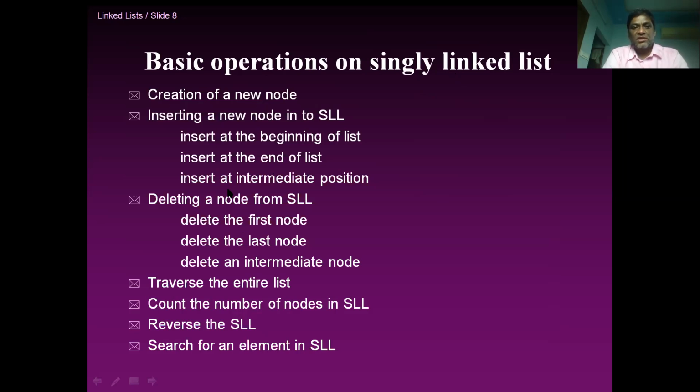The first one we are going to look at is how to create a new node in a singly linked list. And then we look at the insertion operations, which are again classified into three types: inserting a new node at the beginning, inserting a new node at the end of the list, and inserting somewhere in the middle of the singly linked list.